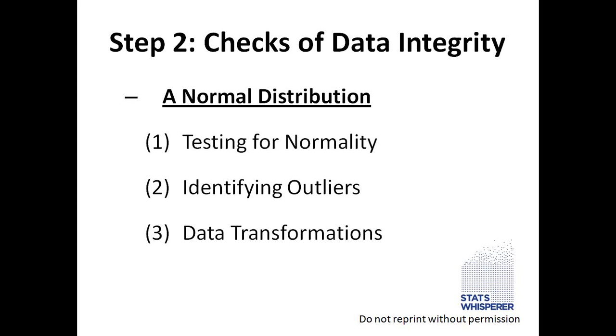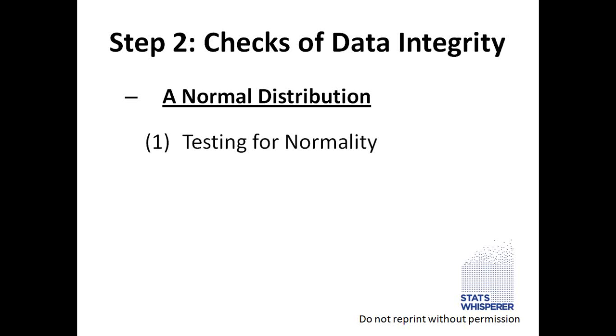So we're going to test for normality, see if there are any outliers, and then consider making data transformations if appropriate. So the first one, testing for normality. How do you do that?